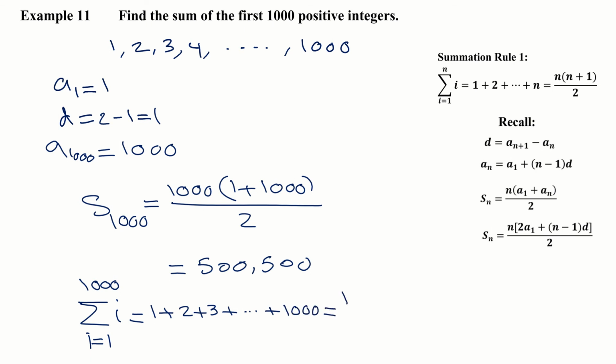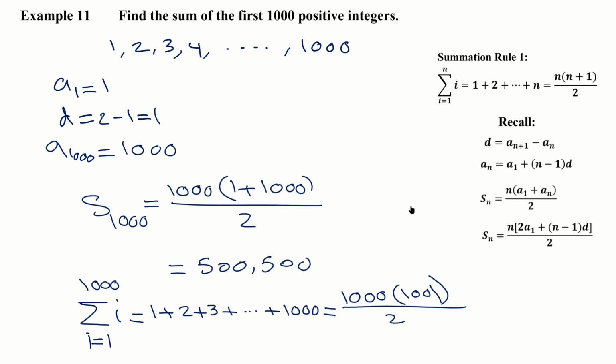And it would just be 1000 times n plus 1, which is 1001, over 2. So no inconsistency here. We could have done it using techniques from our previous lecture as well. But it's nice to see that it works with our new formula as well.